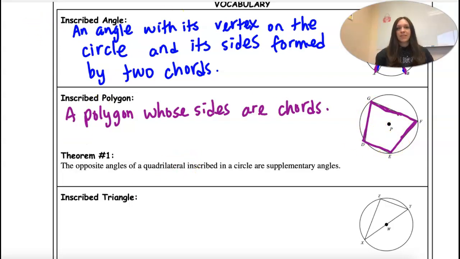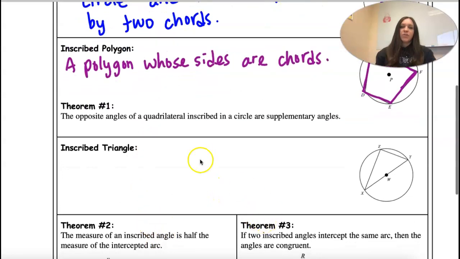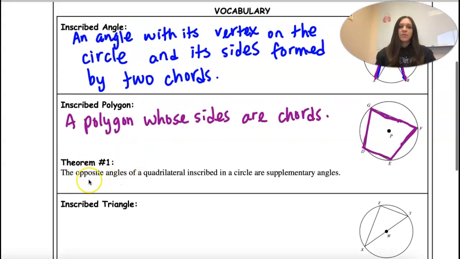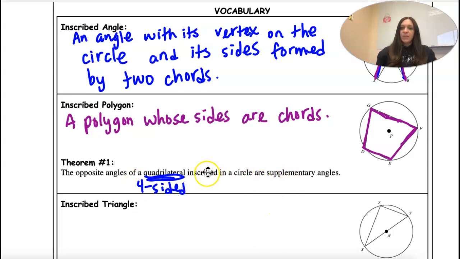So we have a theorem that I'm calling theorem 1, but they're just going to go in order through this unit. So we have 2 and 3 in here too, but theorem number 1 says the opposite angles of a quadrilateral inscribed in a circle are supplementary. That means they add to 180.